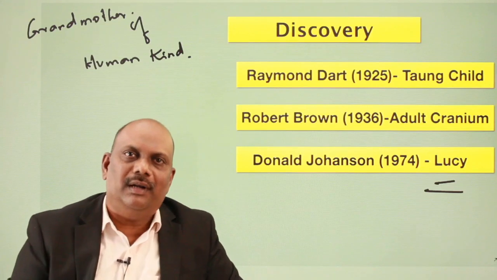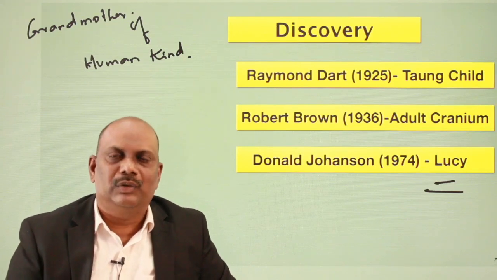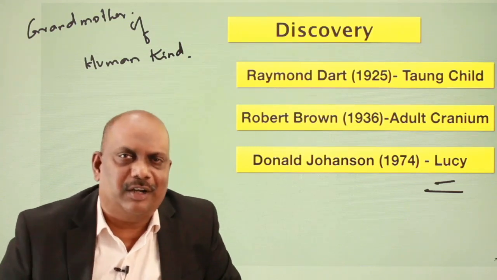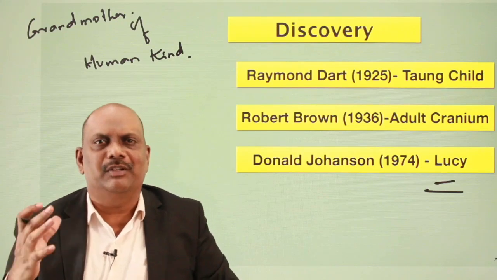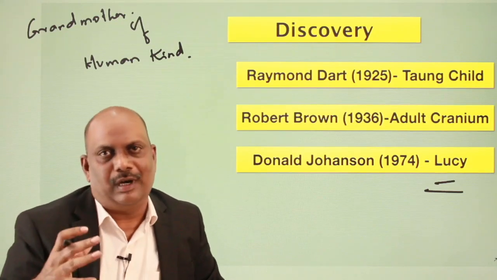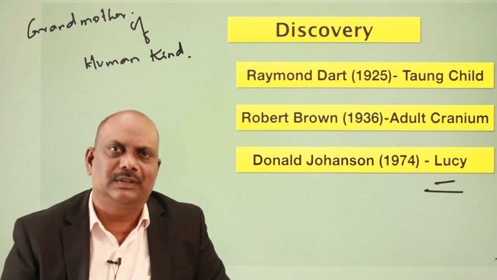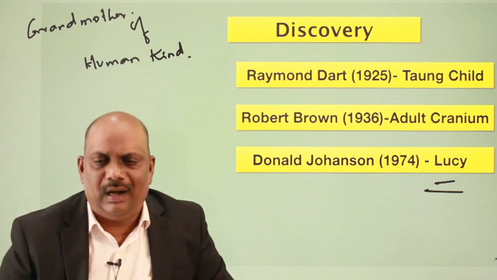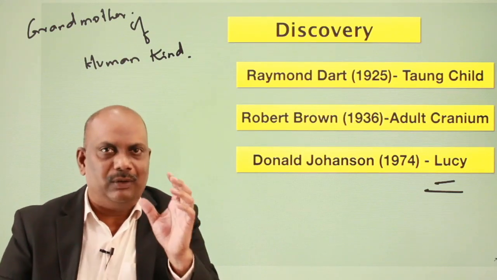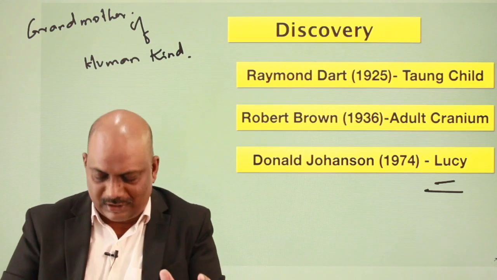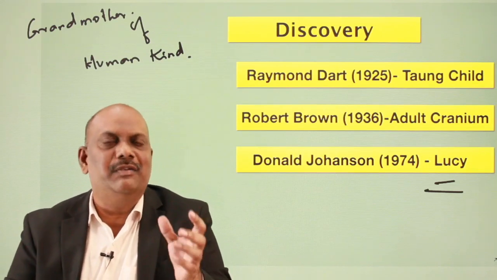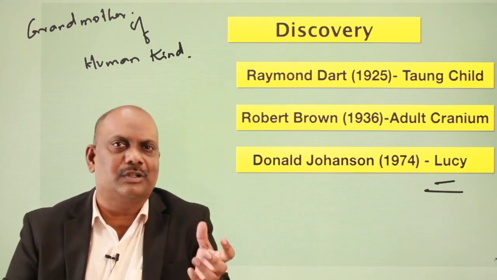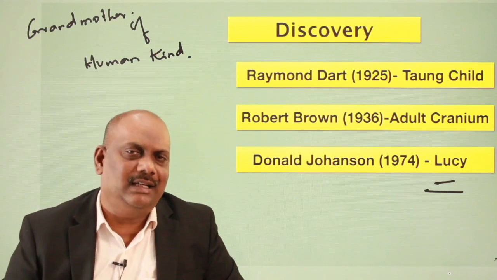Close to around 47 bones were recovered. So for the first time, we managed to find a huge collection of bones of Australopithecus. In fact, Lucy was the first human ancestor in which we managed to find at least 40% of the skeletal remains.